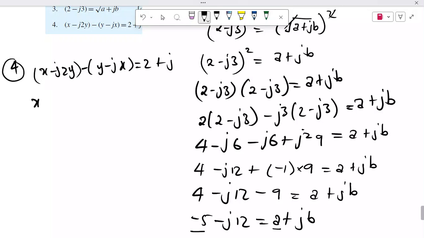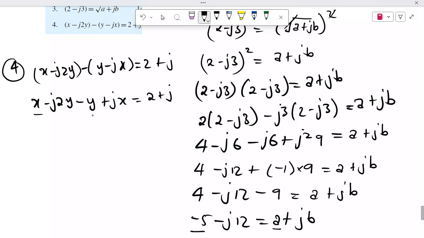You just distribute the negative multiplied by y, it will be negative y, and negative by negative is positive jx, equal to 2 plus j.